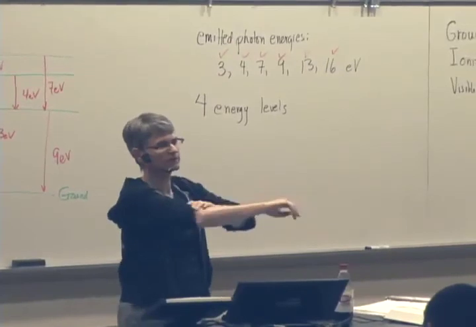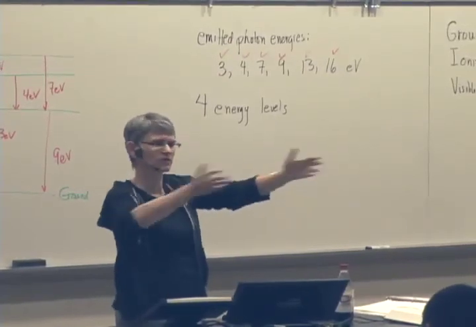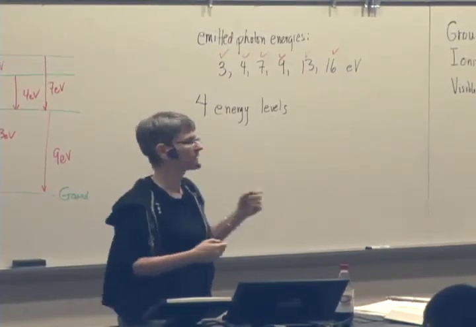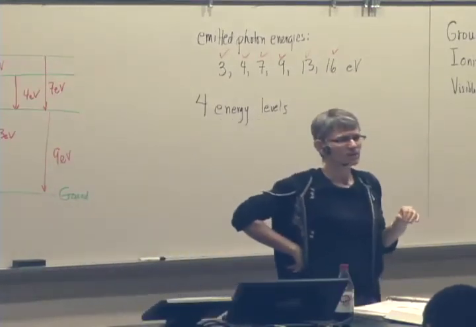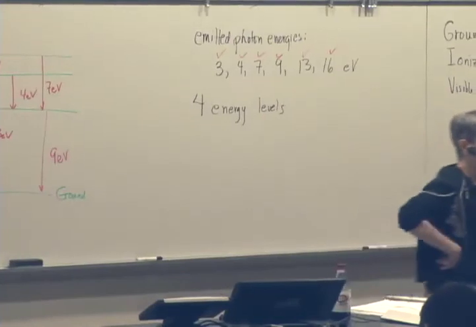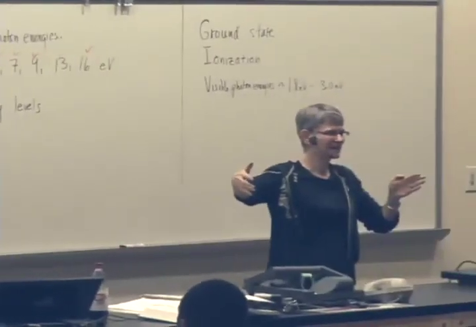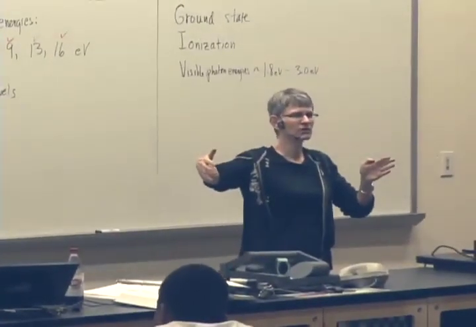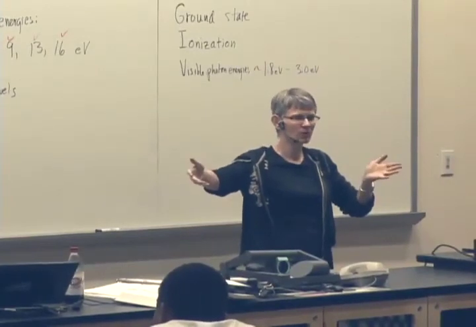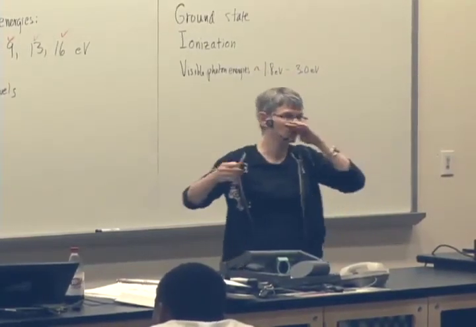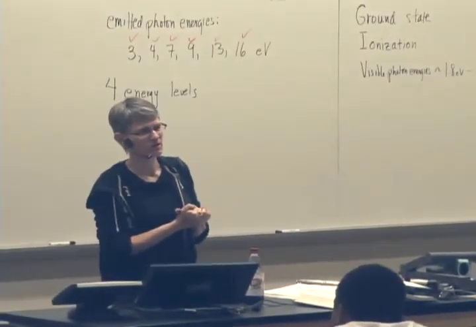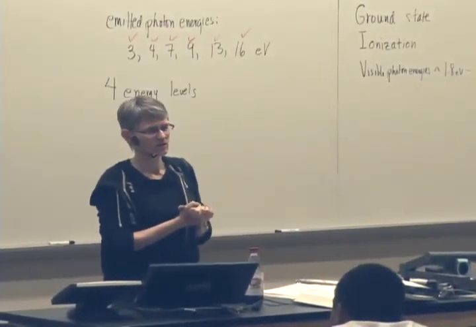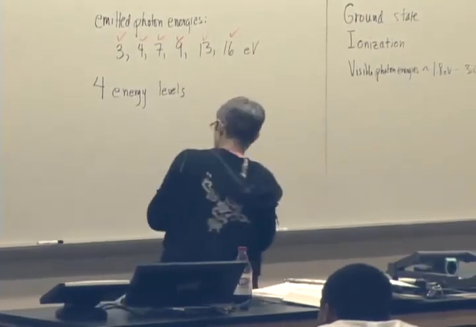We shoot a beam of photons with all these different energies at a sample of this atomic gas, and we look on the other side to see what photons are missing, what photons got absorbed by the sample. There are fewer of those. Why would that tell us which is which?